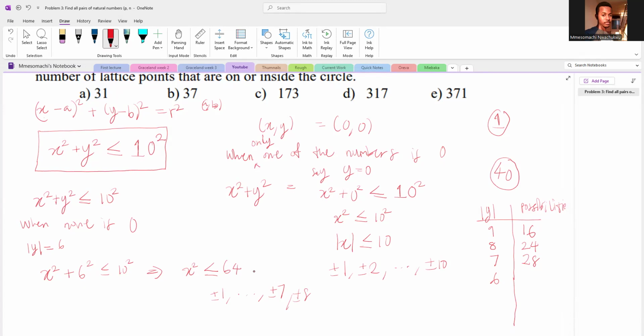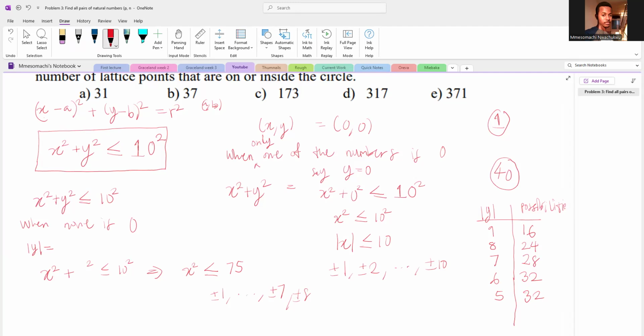Then times 2, 32. Okay. Then when it's 5, just do the same thing. 5 squared, so it's going to be 75. So it's not up to 81. So it's still going to be from plus or minus 1 to plus or minus 8. So it's going to be 32 as well.